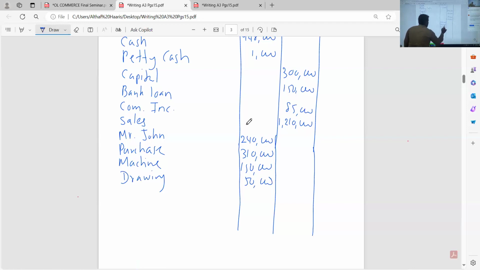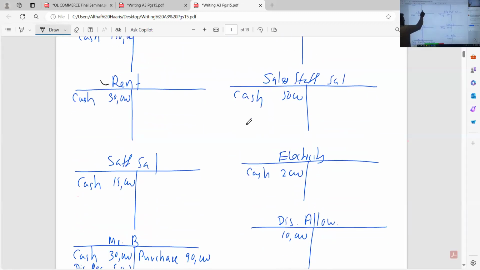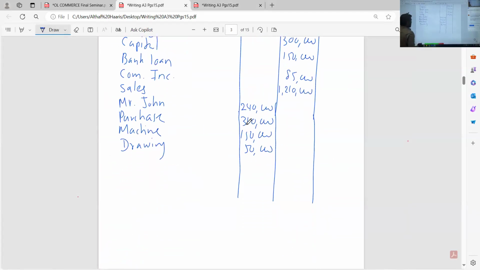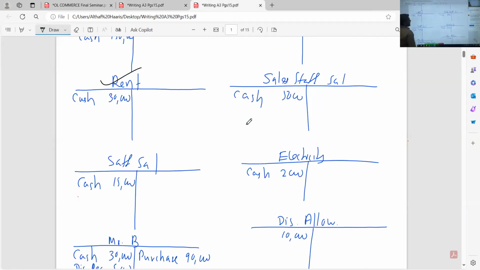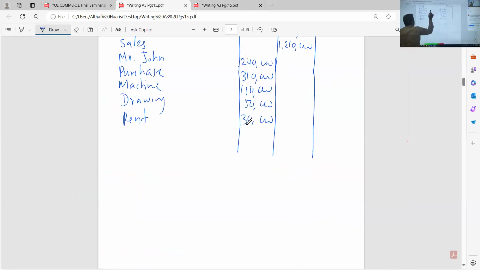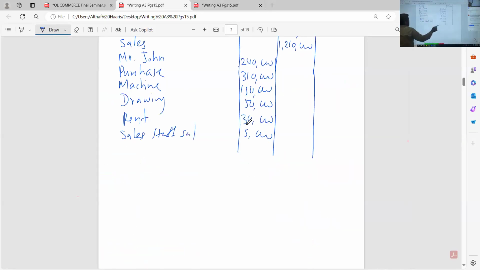Next one. Rent 30 debit. Next one. Sales staff salary 5,000. I'll tell you why this sales staff is there separately later. Debit 5,000. Staff salary debit 15,000.